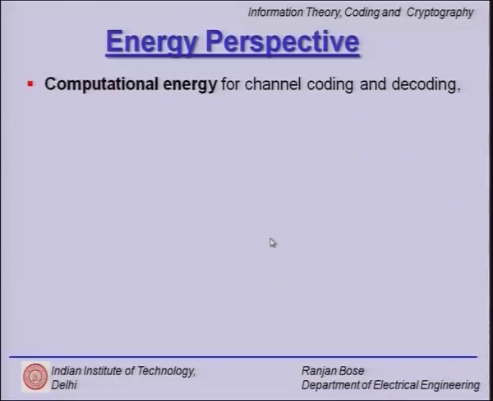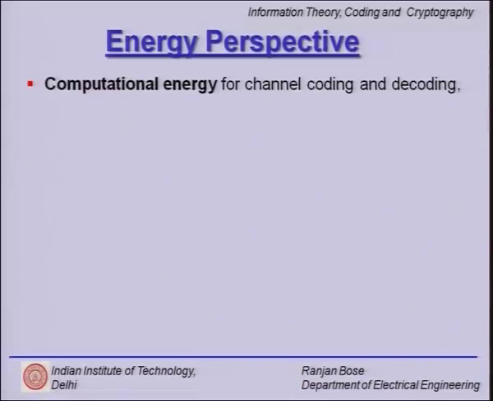There is a computational energy for channel encoding and decoding. This is important. So far, we just believe that multiplying over various Galois fields, adding, doing all that computation requires negligible energy. Well, that may not be true. You could possibly end up spending a lot of energy just doing the computation, encoding and decoding.